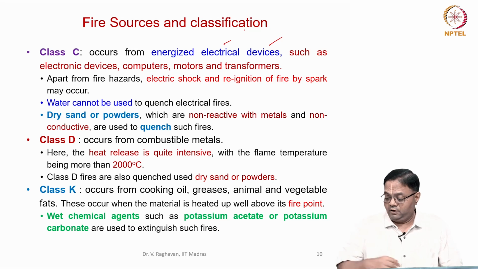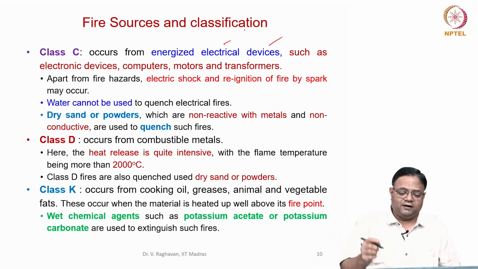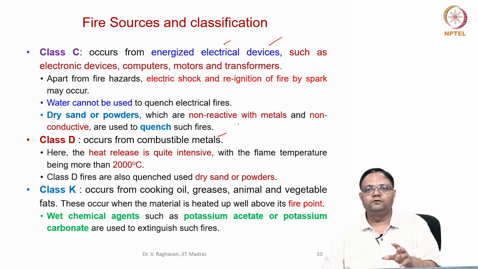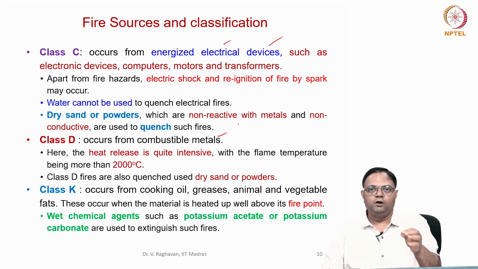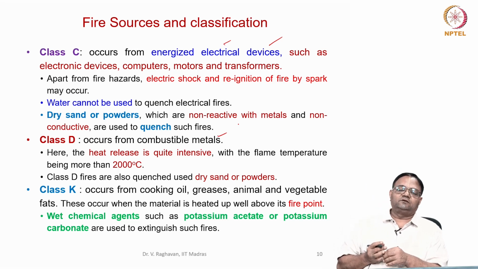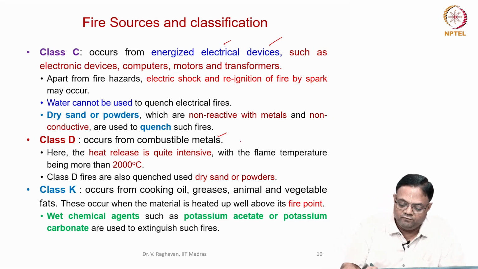Class D is a specialized category where combustible metals, even powders of metals like iron, aluminum, etc., can be oxidized. The metal dust, we can say, is very, very fine particles.